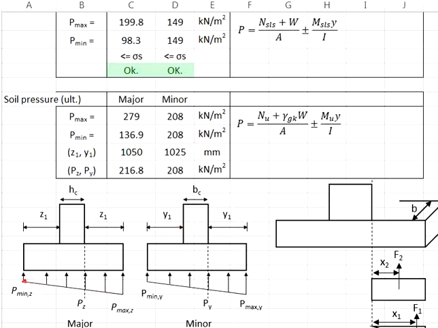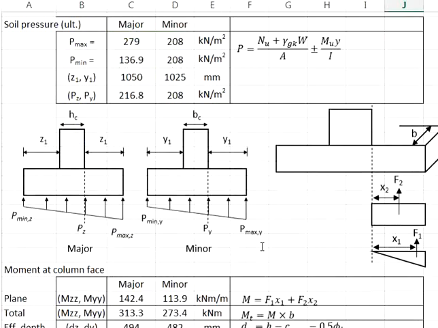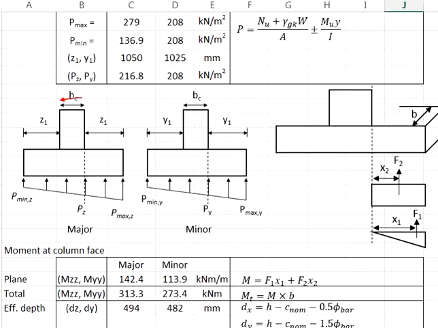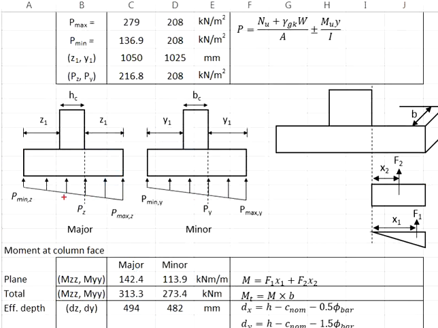You know the width of the pad footing in the major axis, which is 2.4 meters. You also know the width of the column in the major axis, which is 300 mm. Take the foundation width minus the width of the column, divided by 2. That gives you Z1.